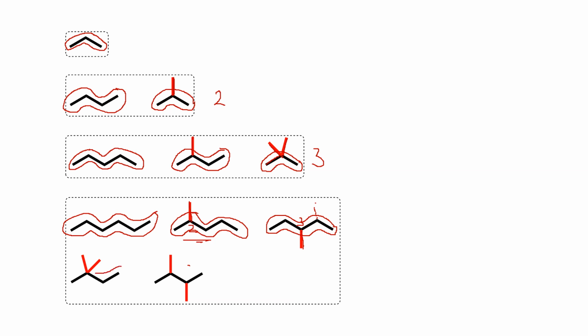Now we have the chain of 4 carbons and 2 branches. We have 1 on carbon number 2 and 1 on number 2, or we make it 4 with 1 on number 2 and 1 on number 3. And if we change any structure, we'll end up with one of them, so we have only 5 isomers. The best way, after you do the rearrangement, is to give them the IUPAC name.